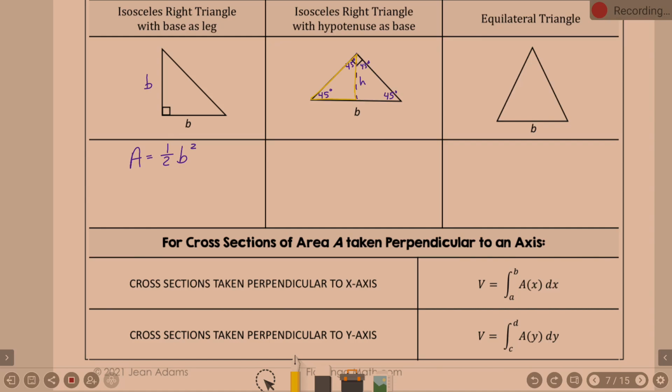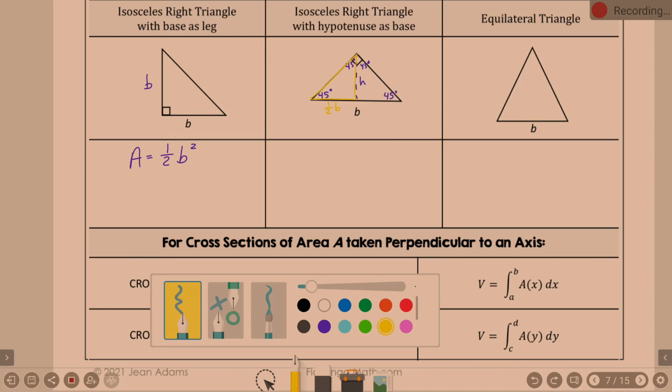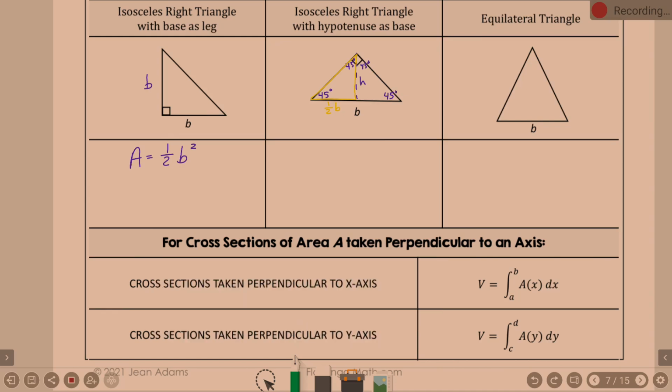If this whole side is B, then this side is 1/2 B. Sorry, can you see that yellow at all? Yellow was a good idea to highlight it, just not a good idea to continue. There, better? And then what else do we know? The height of that triangle is 1/2 B.